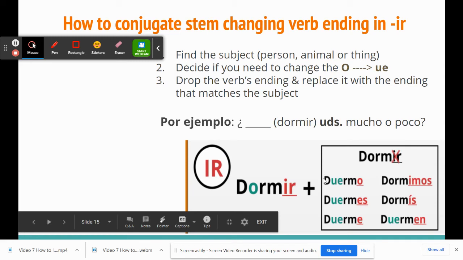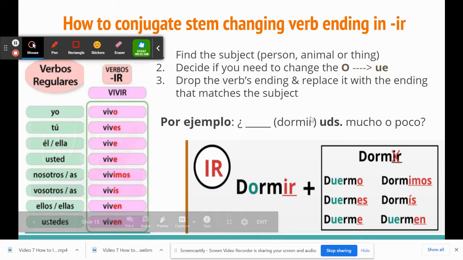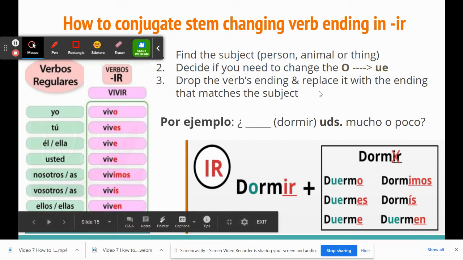Now, trace the shoe around the verb dormir, and decide if you need to change that O to UE. Yes, you need to change it to a UE. And what's the ending? Let's drop the IR.